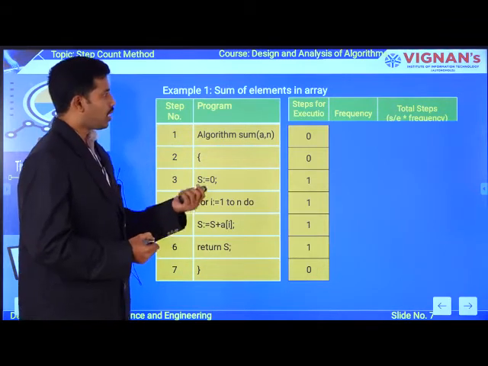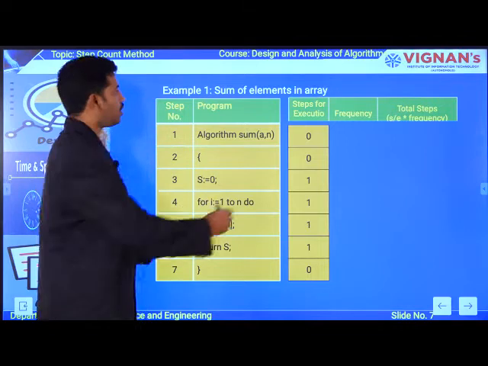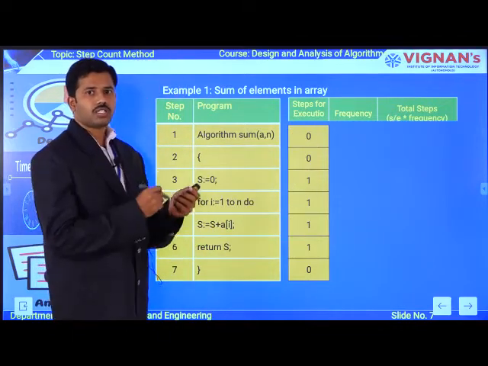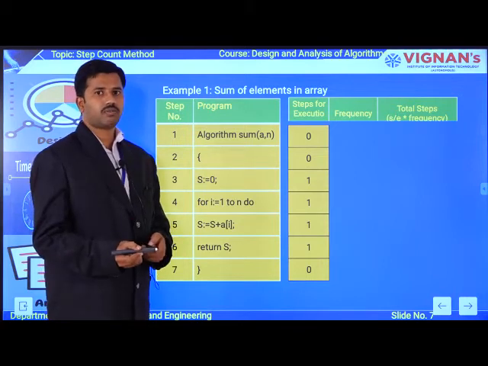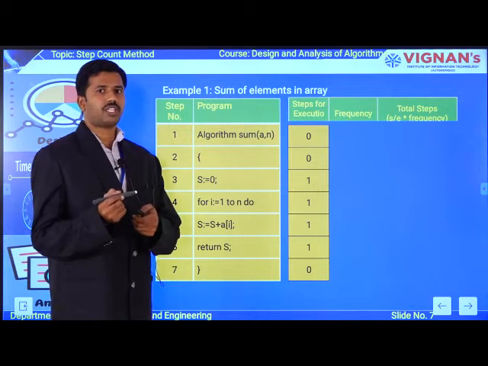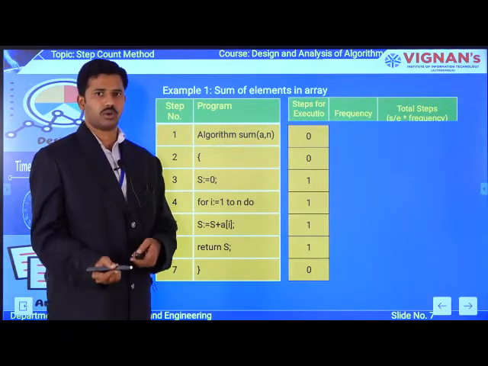Now, can you tell me one thing? What is the value of the frequency for a step count value of 0? If the step count value is 0, what is the meaning of that? Simply it is a non-executable statement. So if it is a non-executable statement, ultimately the frequency also becomes 0.